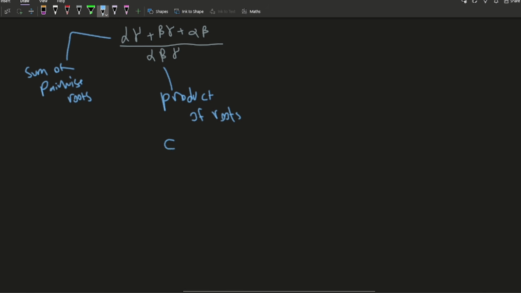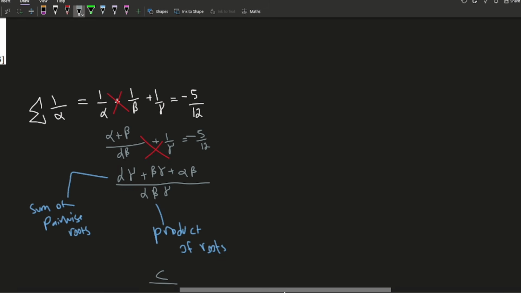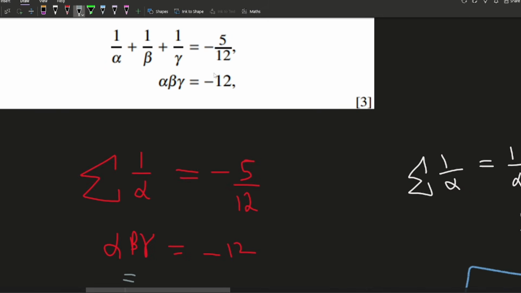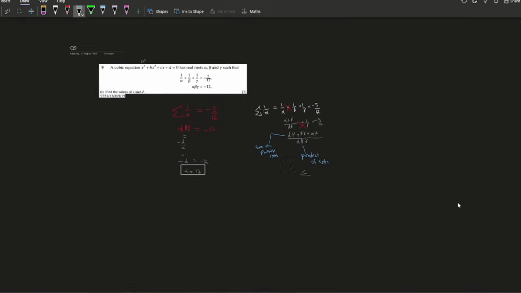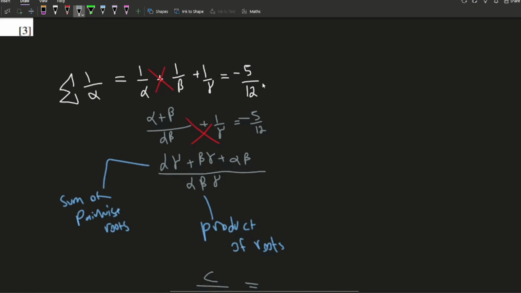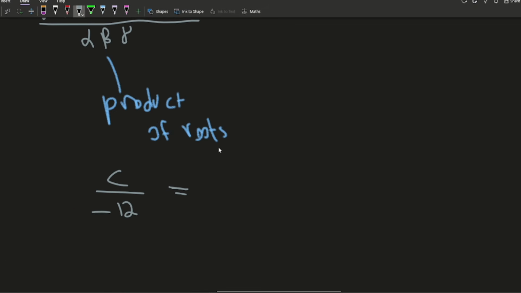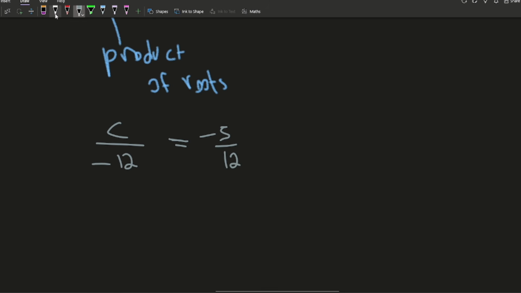C over, and the question has already given us the value for alpha, beta, gamma, which is minus 12. So let's input that, minus 12. Okay, and this is equal to minus 5 over 12, which is also given by the question. So 12 goes to the other side.